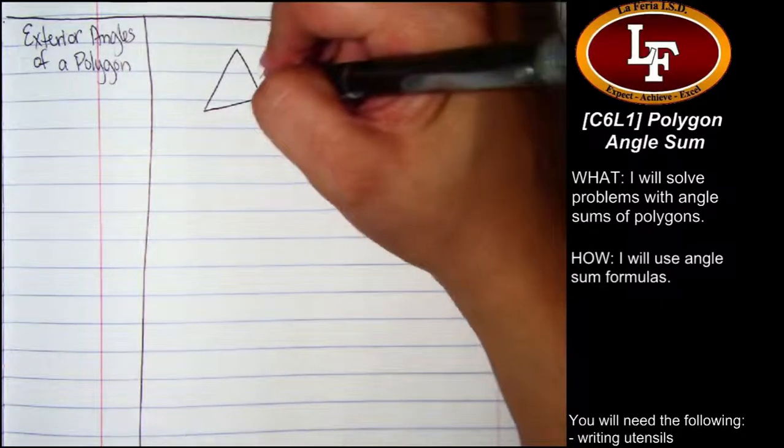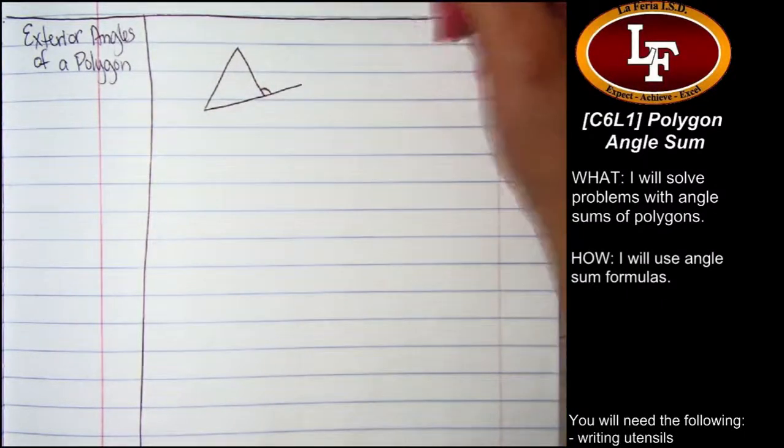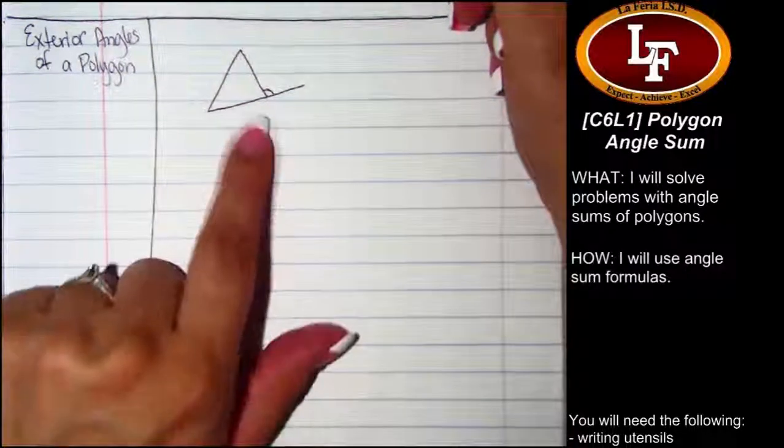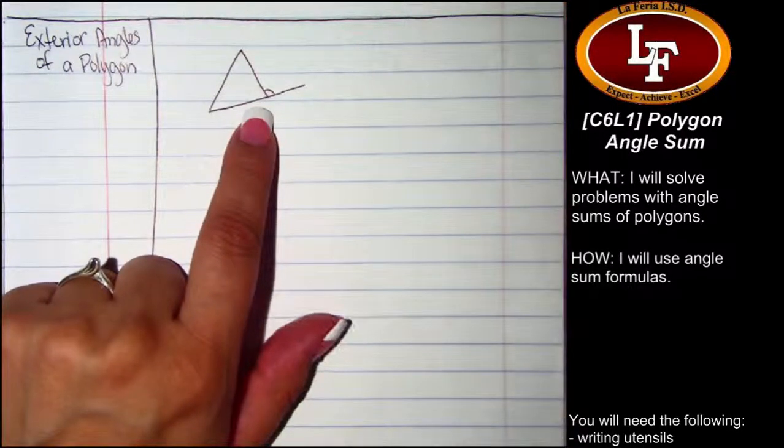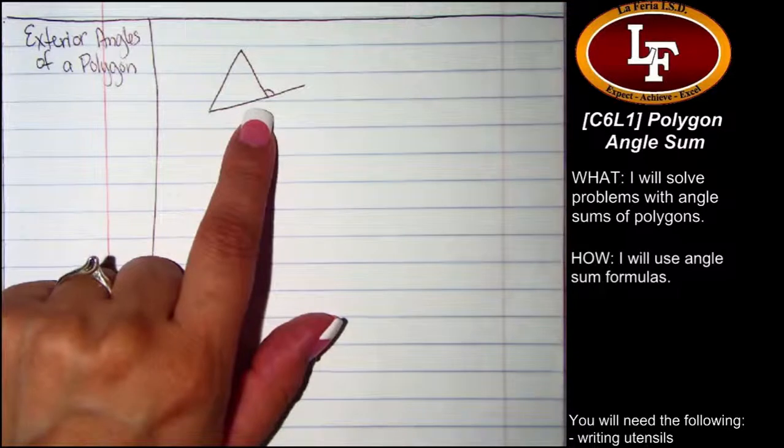This angle right here is the exterior angle to this one. We saw this back when we were doing triangles, the exterior angle theorem.